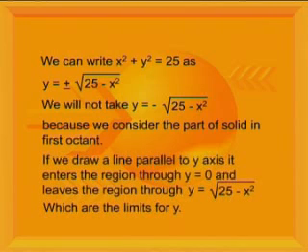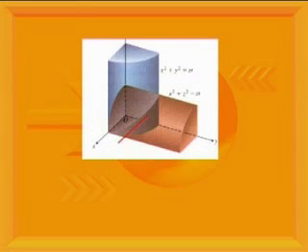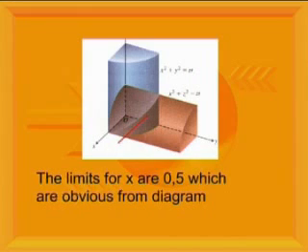So if you draw the line parallel to y-axis, it will enter this region where y is equal to 0 and leave the region where y is equal to square root of 25 minus x². So these will be the limits of our y integration, and for the limit of x, it is very obvious from the diagram that it is from 0 to 5.